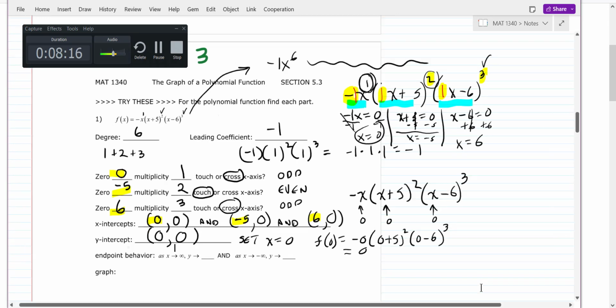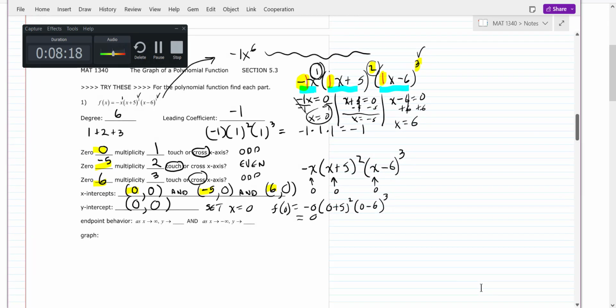So what we learned, and if you weren't here last week, that's going to be hard to catch up on, is if you have an even degree, then the graph either goes like this or it goes like this. It depends on whether the coefficient is negative or positive. Since the leading coefficient is negative, that means the graph turns and goes down like this.